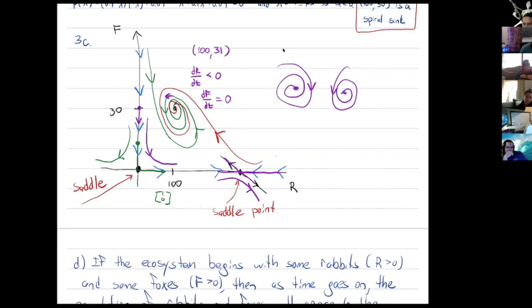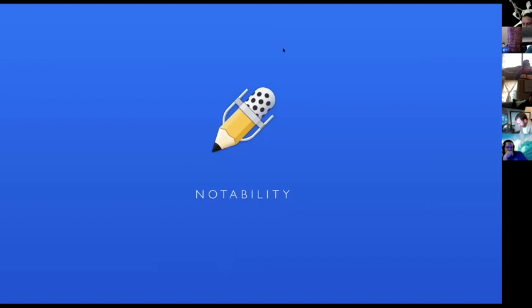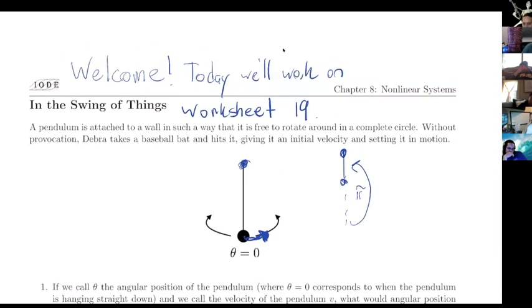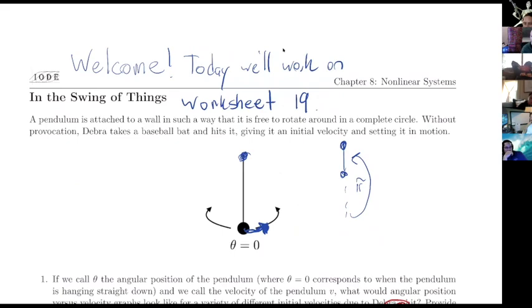Okay, and so let me take us over to the pendulum question, since somebody asked about that one. So this is worksheet 19.